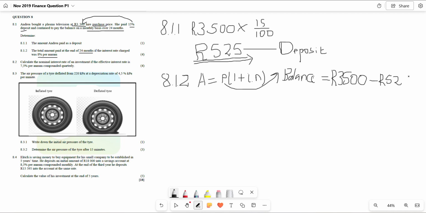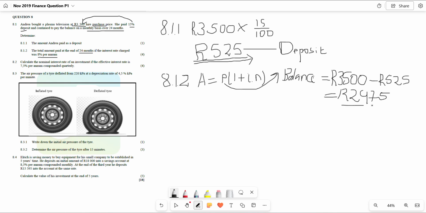This is going to give us what is called the balance after you have paid a deposit. The amount that is left there is called the balance. The balance that Andrea needs to pay back is 2,975. Then this becomes our P.